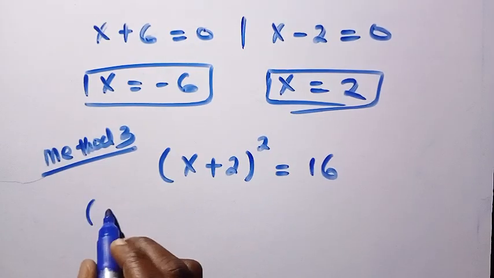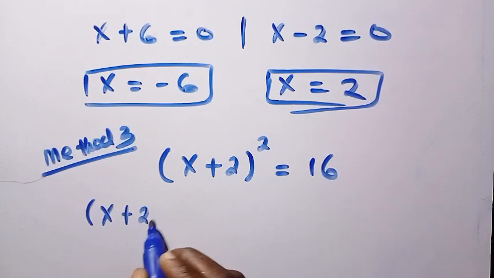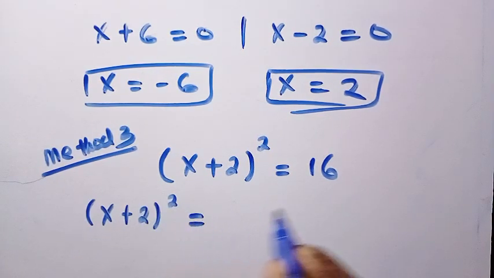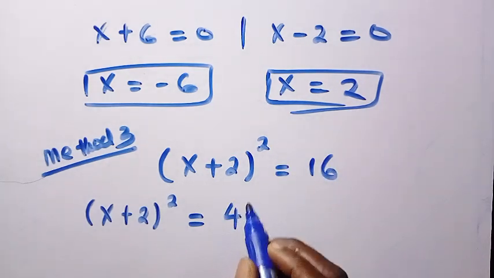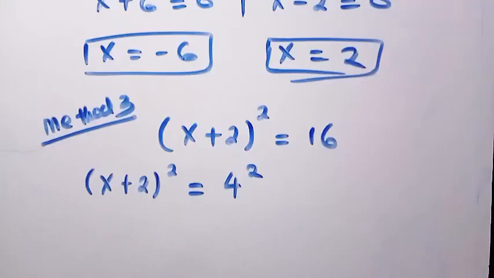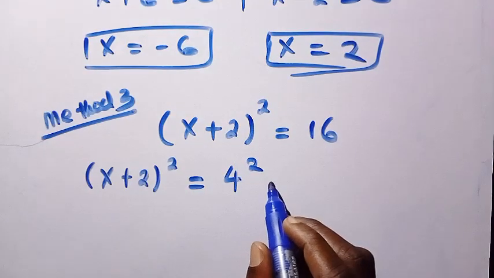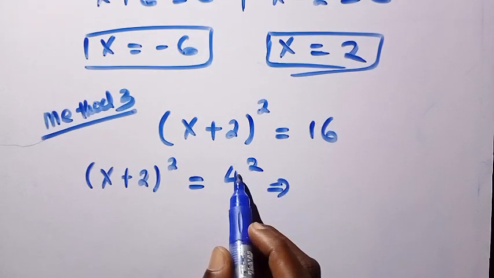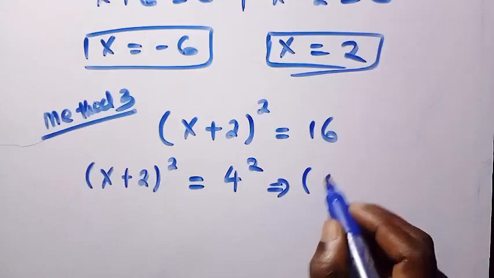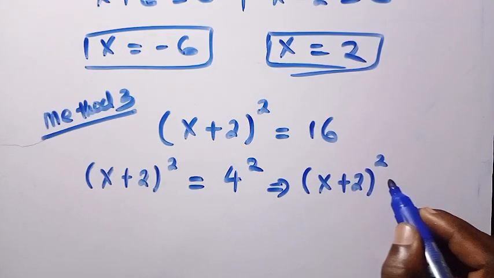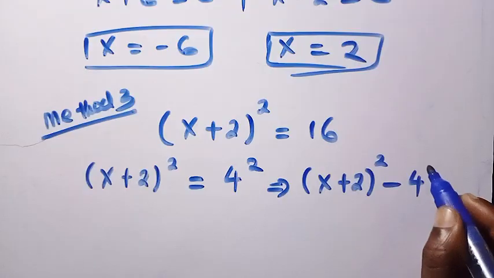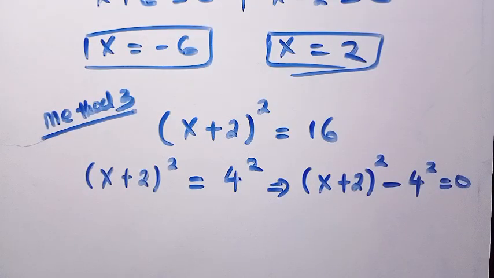If I write this as (x + 2)^2 equals, here I want to express 16 as a power of 2, that is 4^2. Then this implies that (x + 2)^2 - 4^2 = 0.